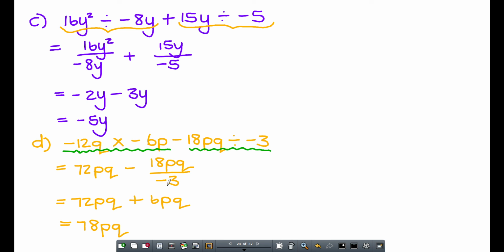Remember, these two minuses will become a plus. No? And the 18pq over 3 simplified will become 6pq. Now you'll see that both of those terms have pq as an unknown, so they are like terms, which means that I am allowed to add them. So 72pq plus 6pq will give me 78pq.